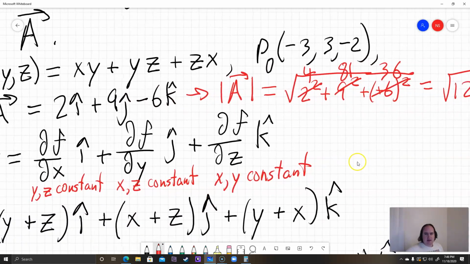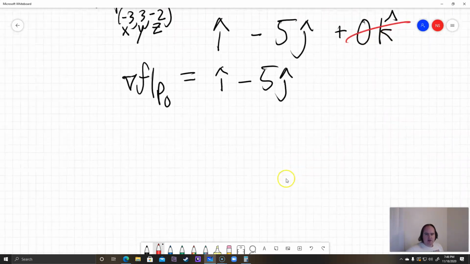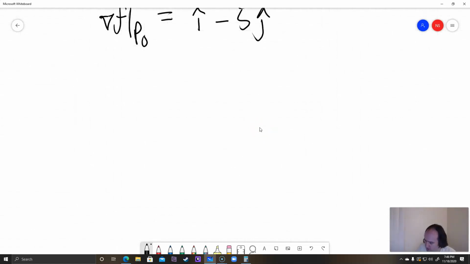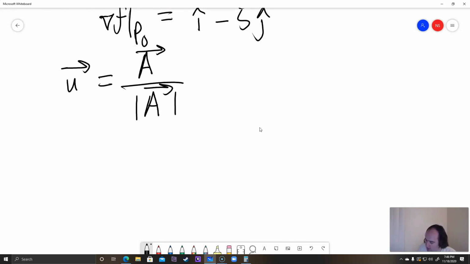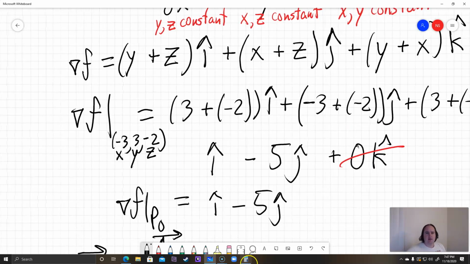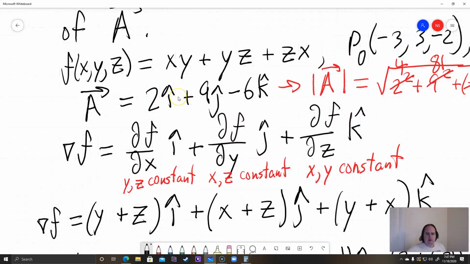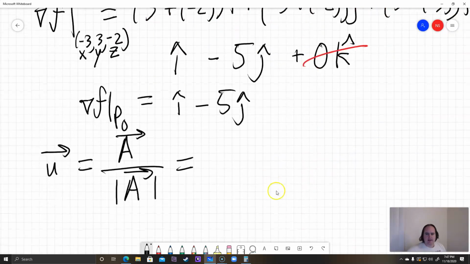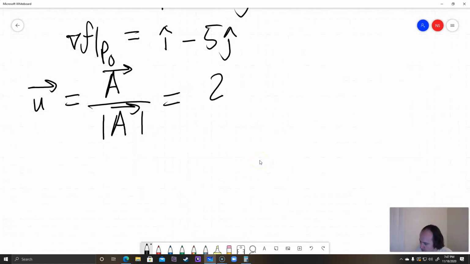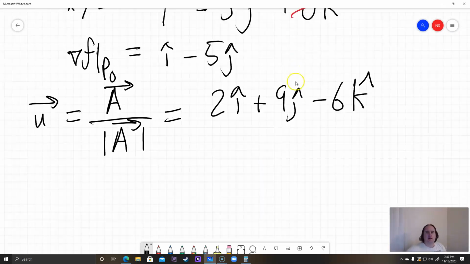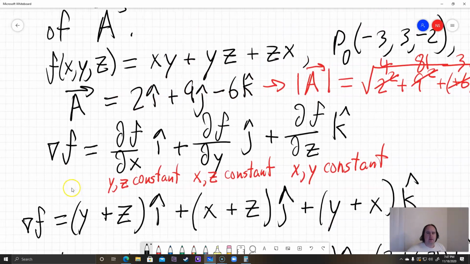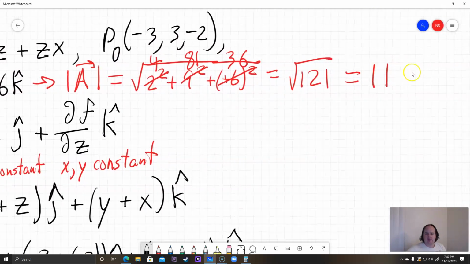So now that we have vector A and its length, we can find vector U. Vector U is going to be vector A divided by its length. Plugging everything in, we said that vector A is 2i plus 9j minus 6k. And then we want to divide by its length, which we said was 11.